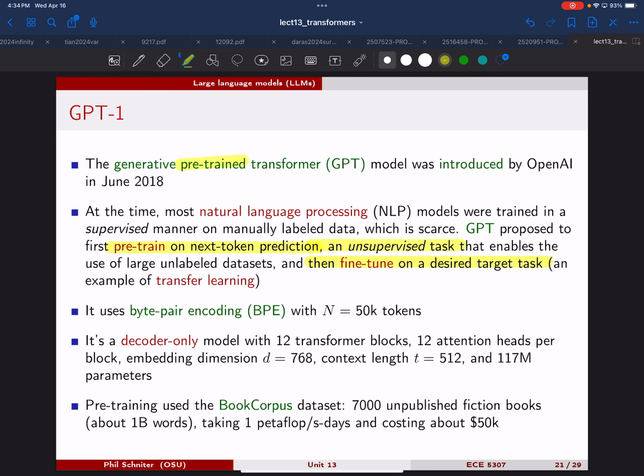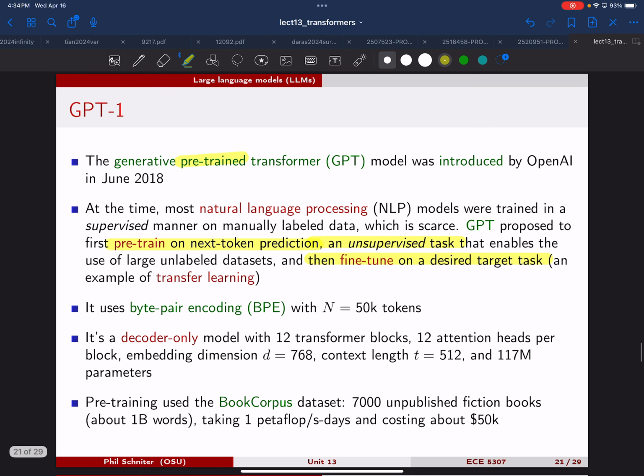There's the pre-training, where they give it tons and tons of text, and it takes a long time and is very expensive. But then the fine-tuning is usually much cheaper, and it's something they do many times for different applications. Okay, so any questions on the idea of pre-training and fine-tuning?